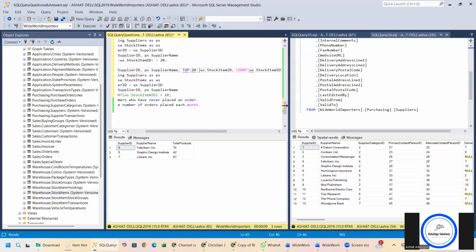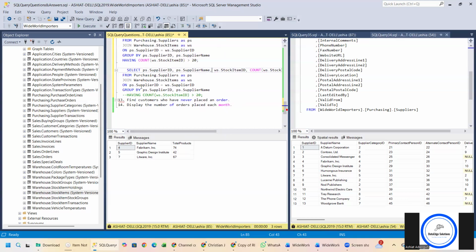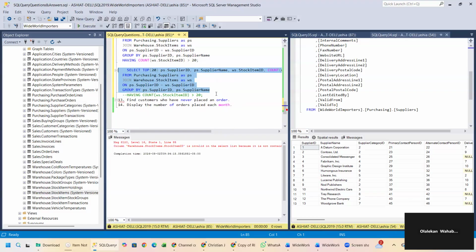This is giving me quotes. So let's make one and see. WS dot stock item ID cannot be there.